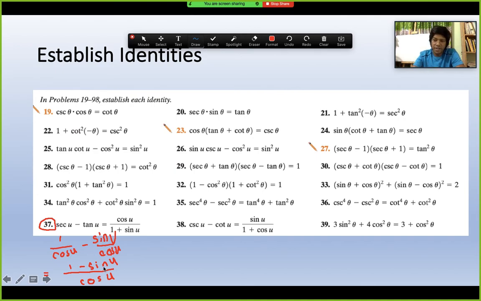The idea here is we can multiply up and down by 1 plus sin u just to go to the solution. So in the up we have 1 minus sin u, then in the down we have cos u.